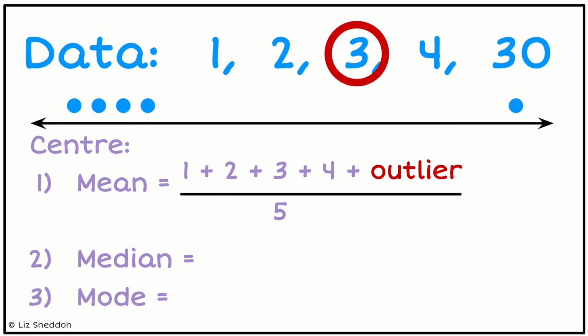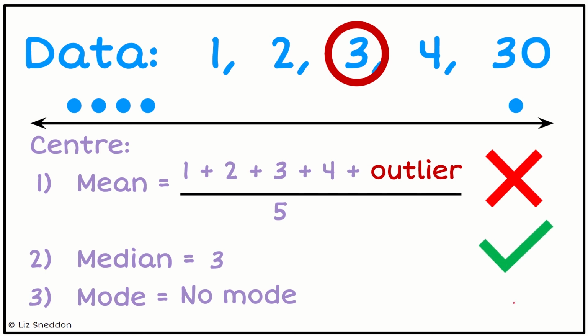It's not affected by that value of 30 at all. It's only the middle position. And so our median is still 3. And we don't have a mode. So in this case, we can't use the mean. We can use the median, but we can't use the mode. So our median is going to be the most appropriate measure to use, because the median is not affected by outliers. It is the most stable measurement when we have outliers or skewness.